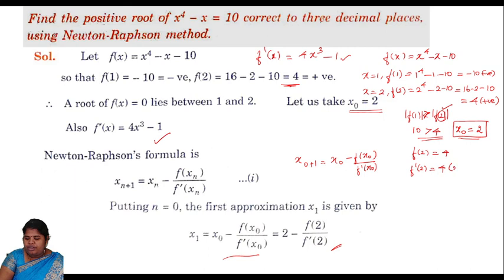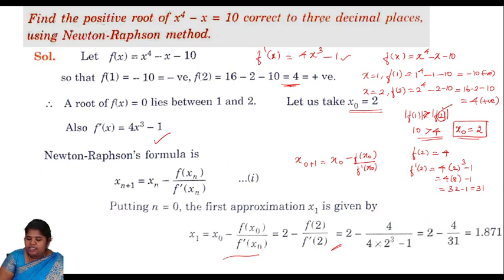So 4 into 2 cube minus 1, which is 4 into 8 minus 1, 32 minus 1, which is 31. So f dash of 2 is 31. So 2 minus 4 by 31 is equal to 1.871, the value of x1.